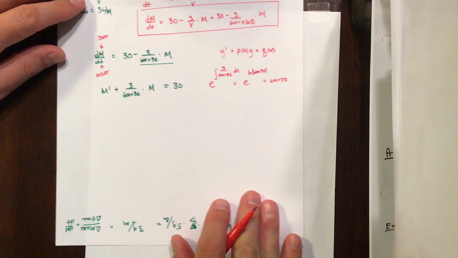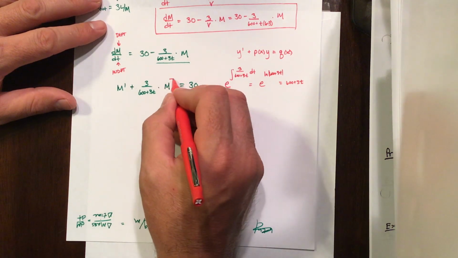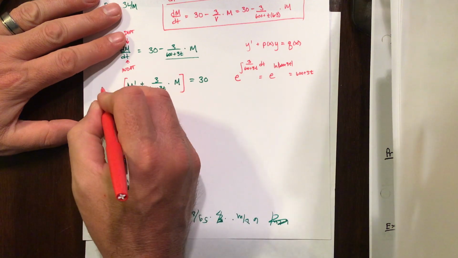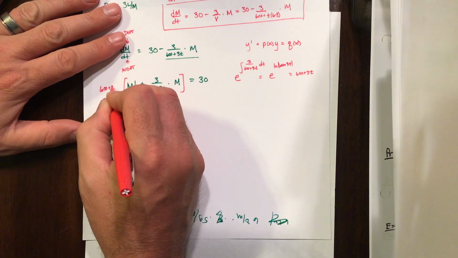So you take that term and you multiply both sides by 600 plus 3t.